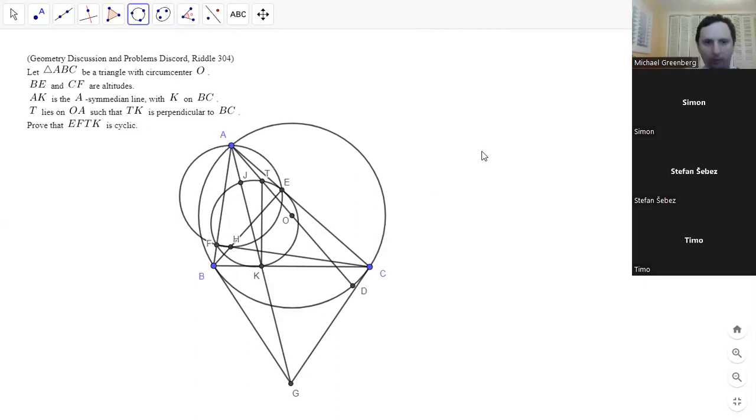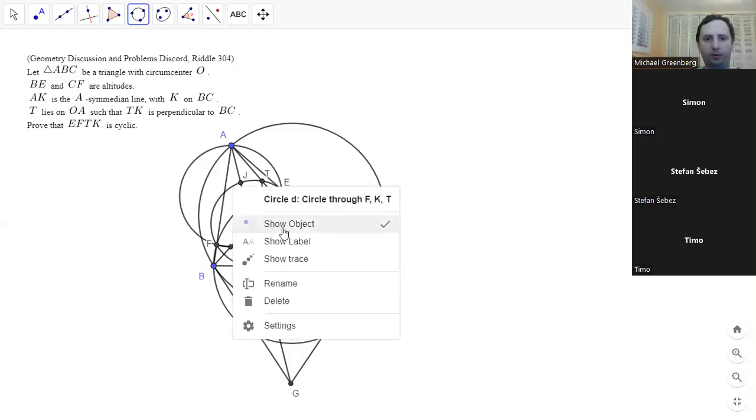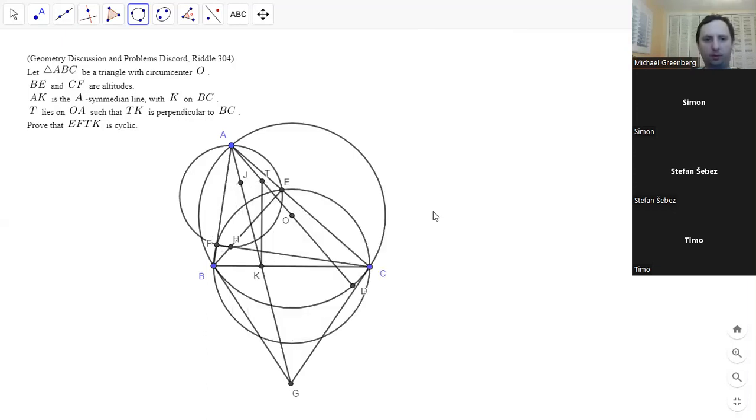Maybe we could use the power ratio lemma. So we know E and F lie on this circle, and E and F also lie on this circle. So yeah, maybe the power ratio lemma would work. Let's see.